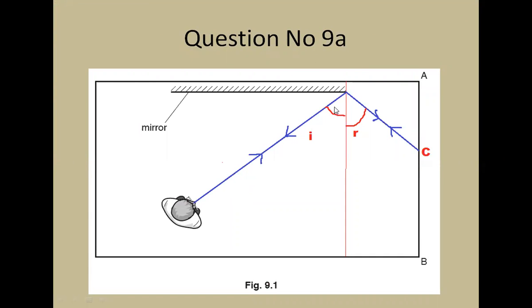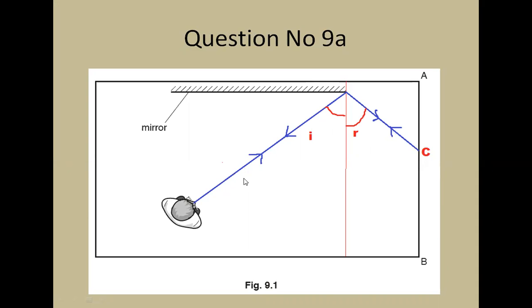On your screen, you can see the closest point that the man can see will be the point from where the light from this wall, point C, will come and reflect from this corner, the very extreme right corner of that mirror.